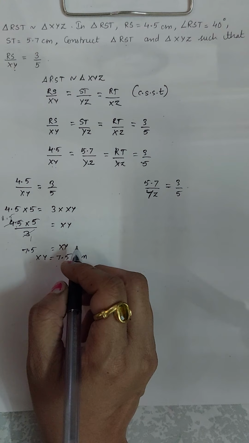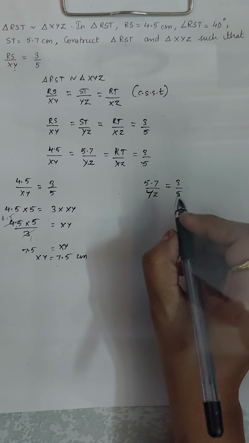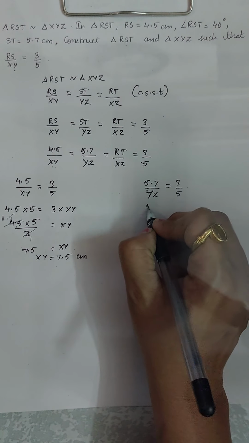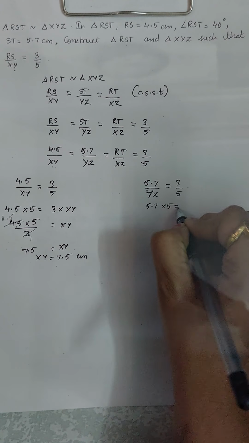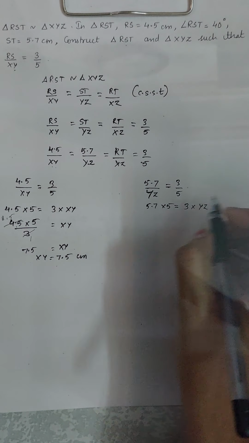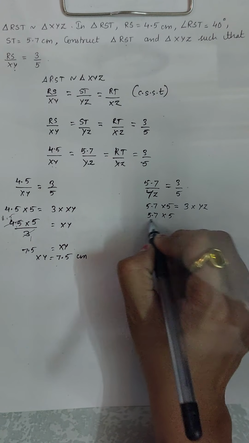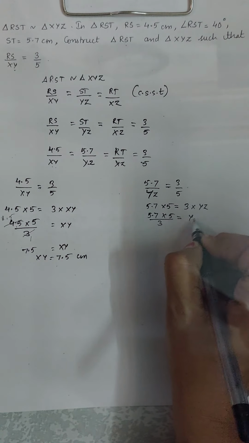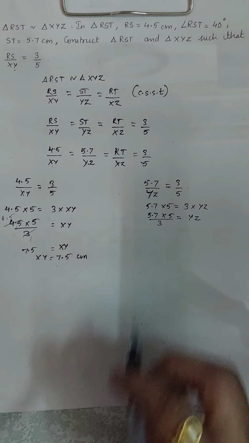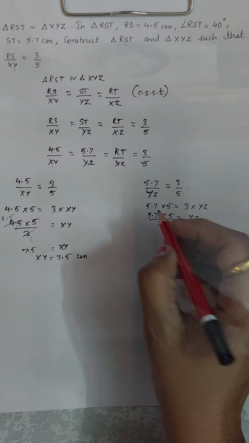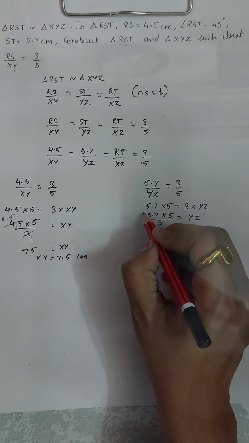Okay. So we've got this XY. Here we're going to cross multiply. So 5.7 into 5 is equal to 3 into YZ. So 5.7 into 5 upon 3 we can do is equal to YZ. So with this we can cancel. We can get 3 ones are 3.